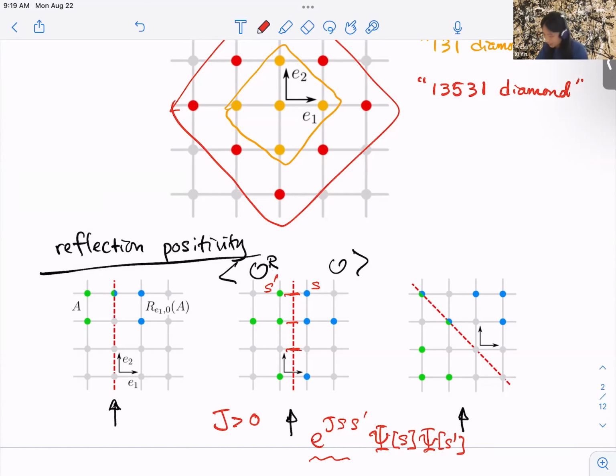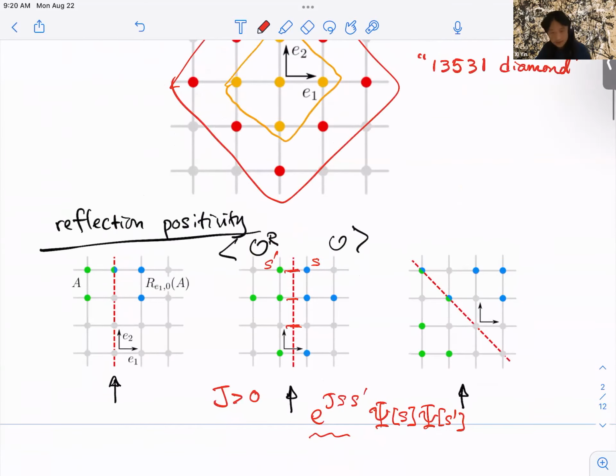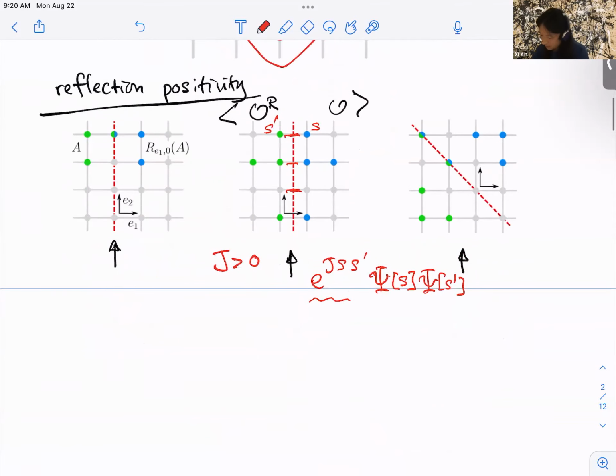Okay, so this is reflection positivity. I should say that in this discussion, even though in the picture I only drew some specific insertion of spins, I want to emphasize that this O is not just a product insertion of spins.